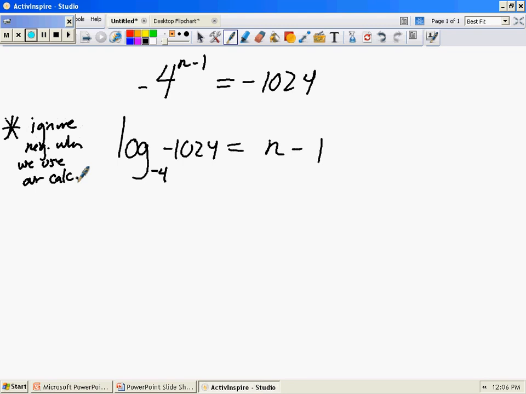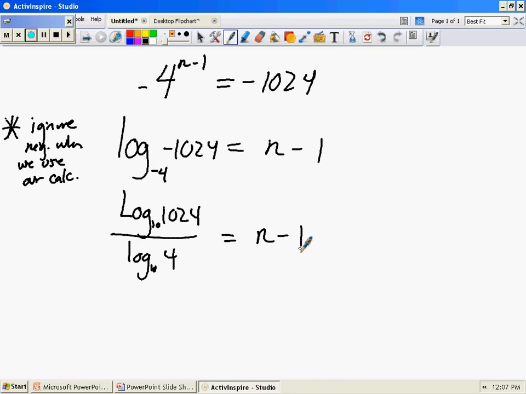It's in base 10, so you have to do log base 10 of 1024 divided by log base 10 of 4. Notice how I'm not making it negative, because my calculator won't understand that. That's the change of base formula. And if we did the change of base, what would we get?